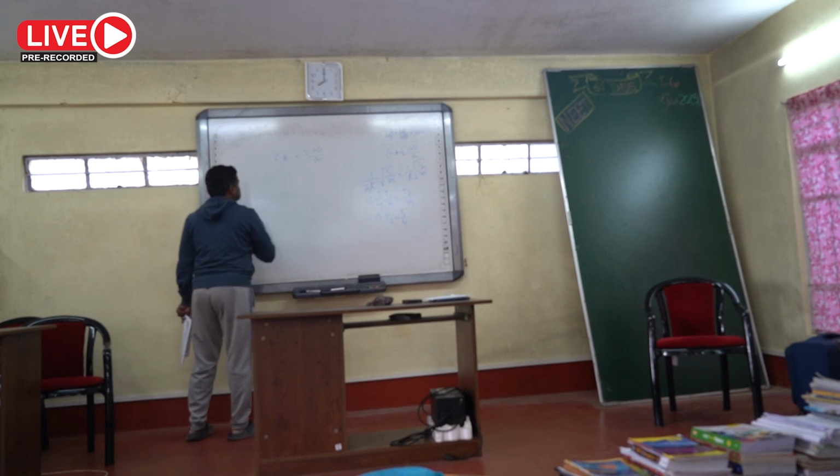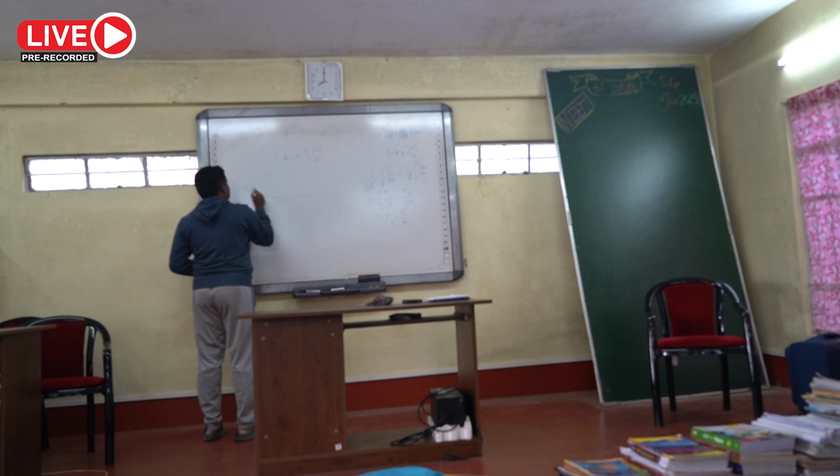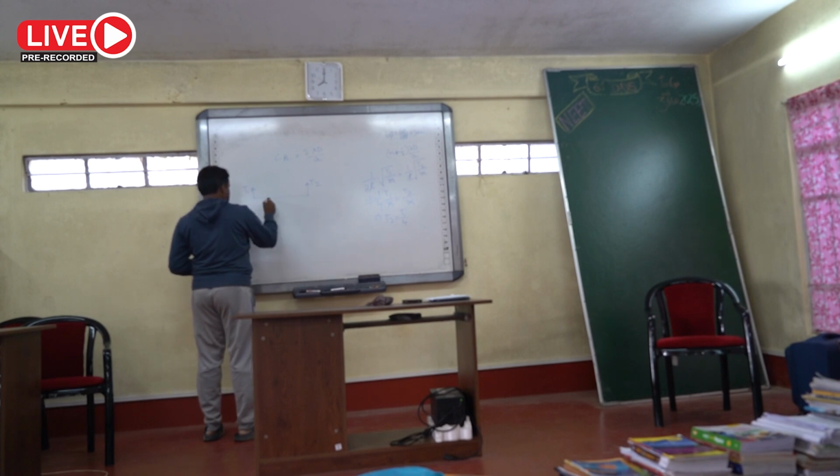Now this is the string, this is the rod. On this side there is T1, on this side there is T2. This one is considered to be massless.